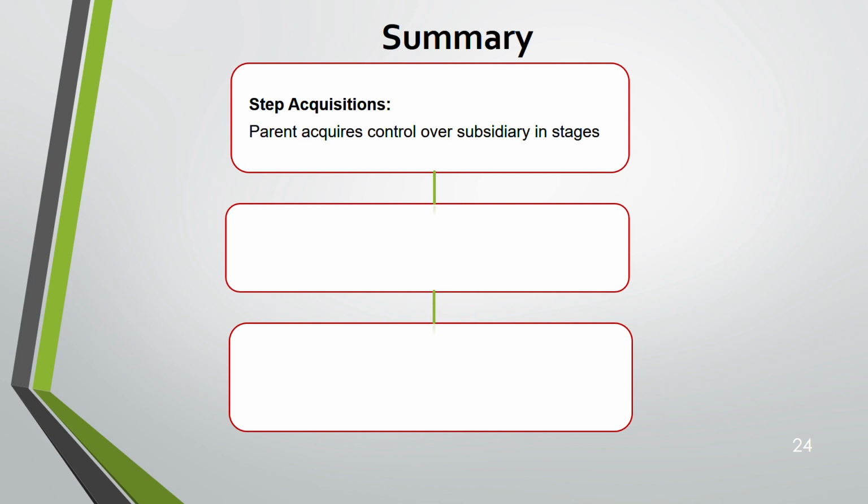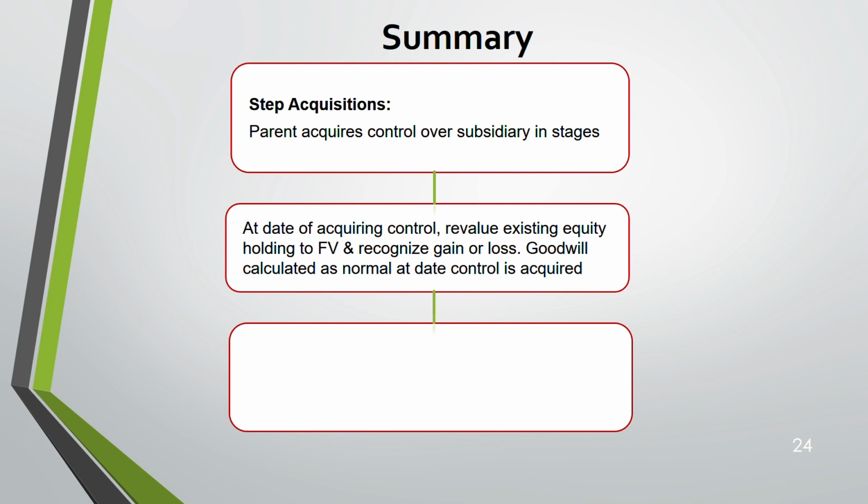It is just a decrease in NCI, because this is step acquisition. Next, when you're acquiring control, you revalue your existing equity holding to fair value and you recognize a gain or a loss. Goodwill is calculated as normal at the day the control is acquired. Remember, goodwill is only calculated the first time you have acquired the control, not the second time. And if you're losing control, then only gain and loss comes.